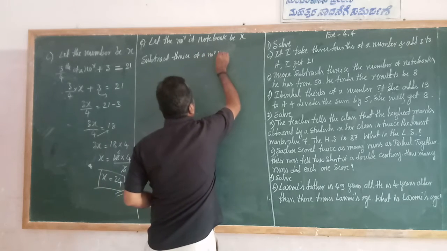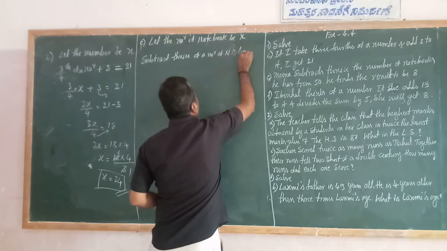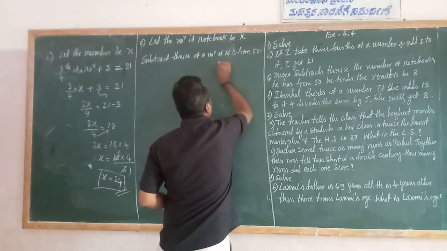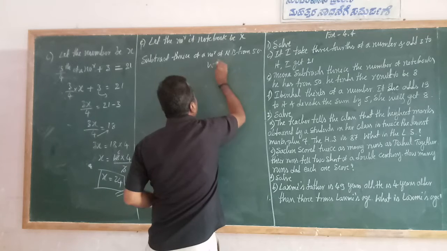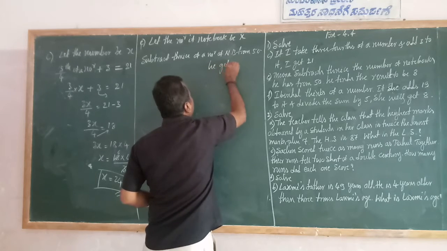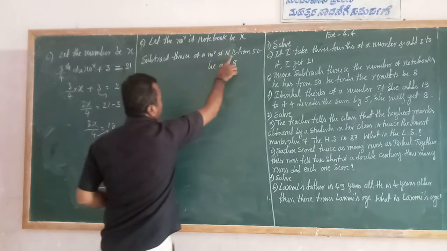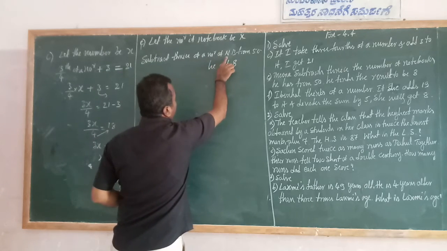Subtract thrice of a number of notebooks from 50. He gets 8.